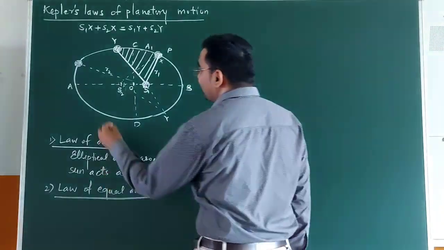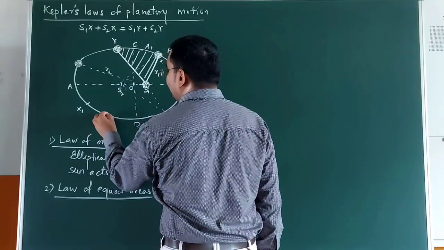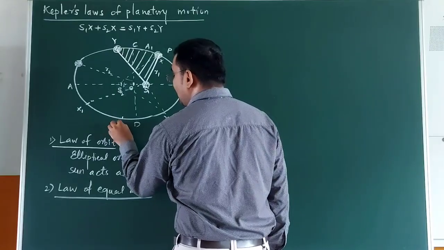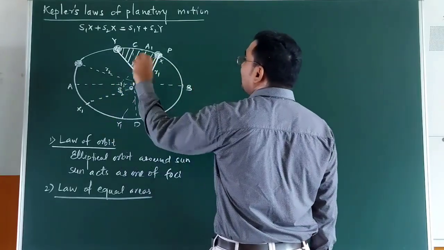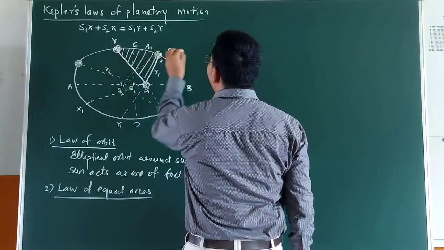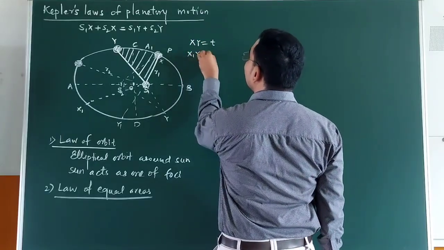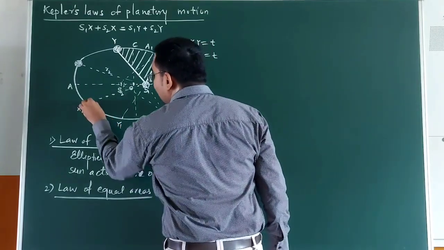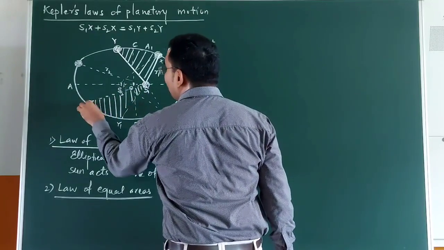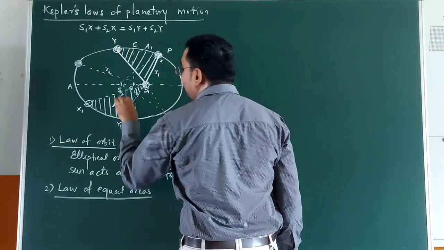Now suppose the planet were at a different position, say X1, and moves to another position Y1 in the same time which it took to move from X to Y. So the time is the same: if the time for XY is t, then the time for X1Y1 is also t. Then the area covered by the line joining the position of the planet to the sun will also be equal to A1.